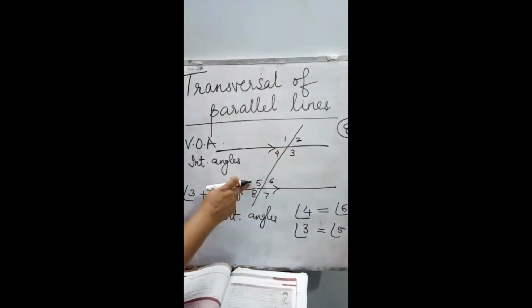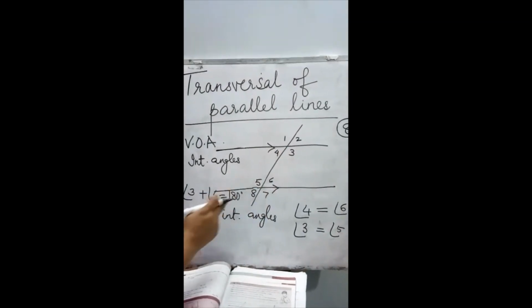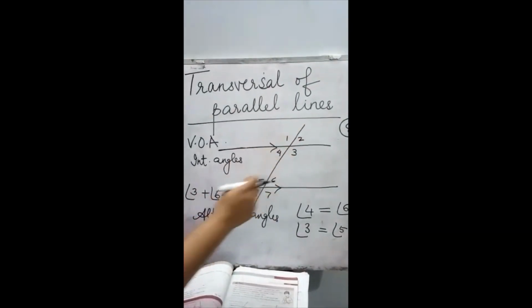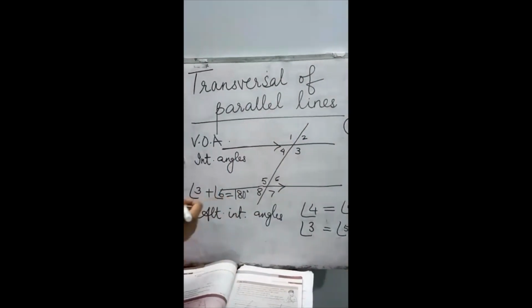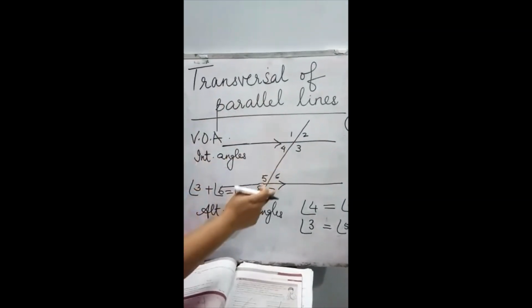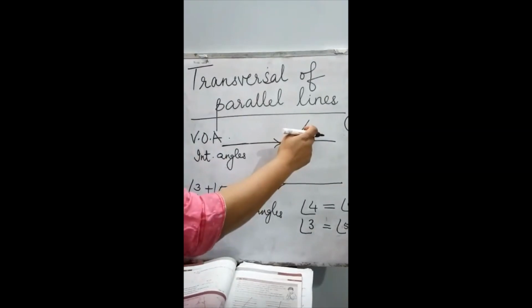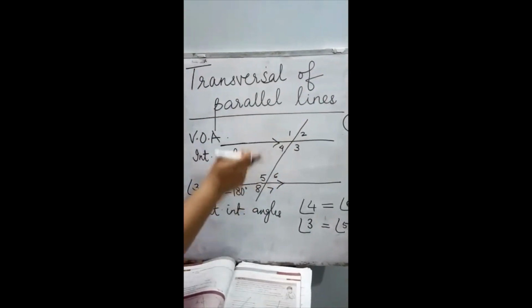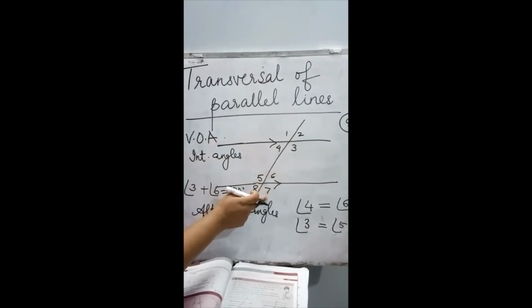Angle 3 and angle 5 are alternate interior angles, and alternate interior angles are equal when a line cuts two parallel lines. Now alternate exterior angles, which are outside the line: angle 1 and angle 7, angle 2 and angle 8. So angle 2 will be equal to angle 8 and angle 1 will be equal to angle 7.